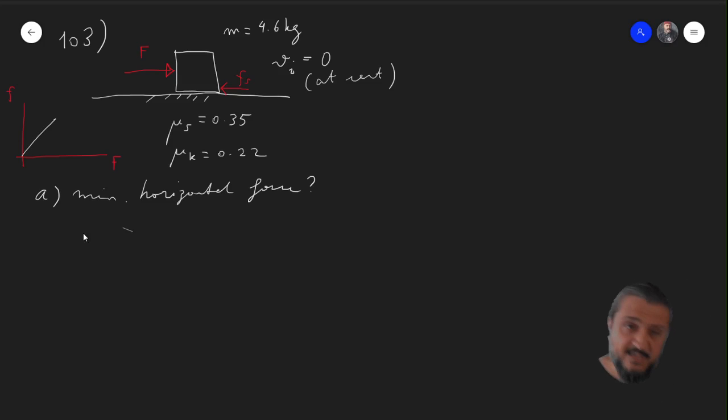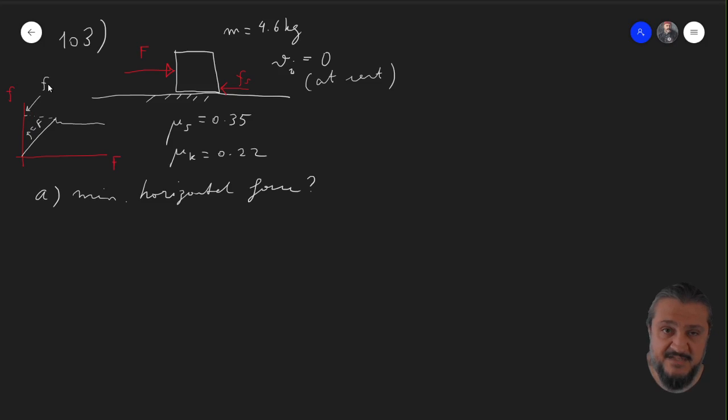So on this line, Fs will be equal to F until it starts moving. When it starts moving, the friction force will be a constant value, which is less than the maximum friction force available. So this is the maximum value of the friction force.